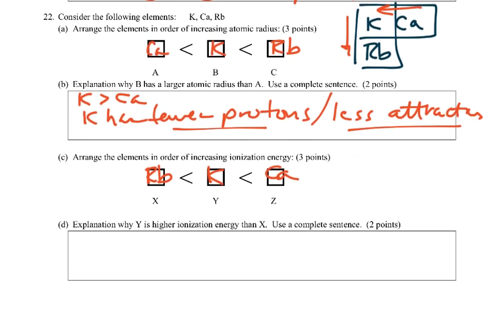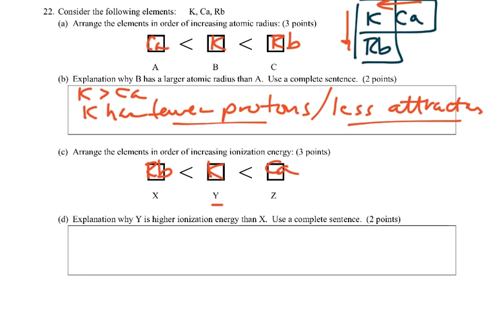Explain why K has a greater ionization energy than Rb. So we're talking about a vertical trend here. Why is K higher? K has fewer layers.